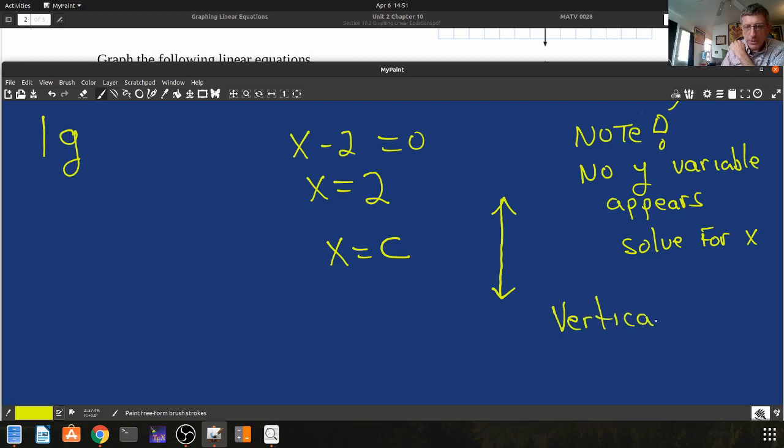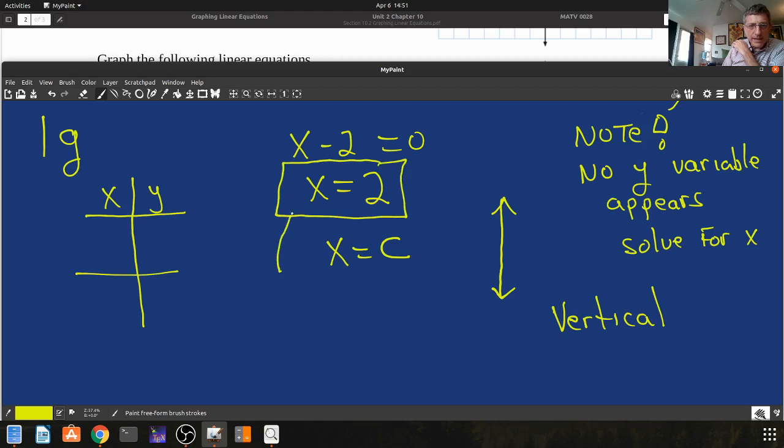But you're still supposed to make a table. So let's make a table. The values x and values y. Whatever I write in there, x has to be equal to 2. So I have to write 2 in the x column. So I can write anything I want in for y. I can write y is equal to minus 2 and y is equal to plus 2.